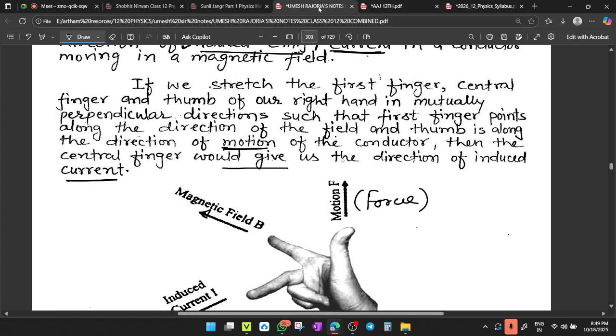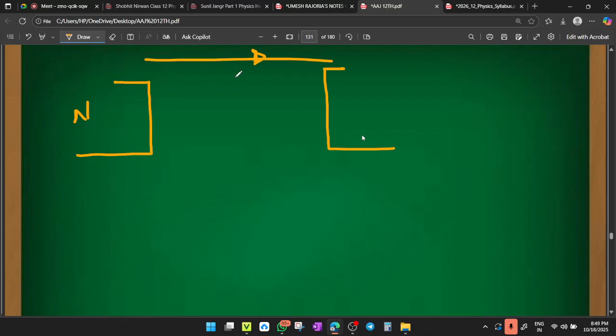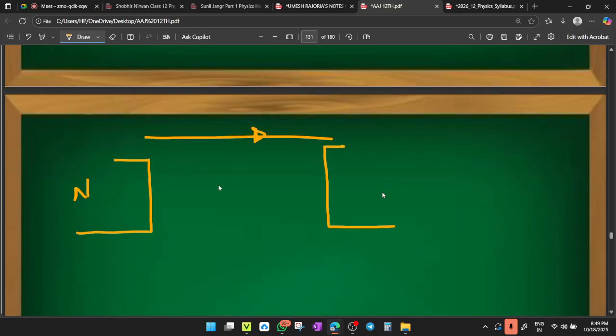Yes, see here by practical demonstration. Like there is a magnetic field. This is a north magnet and this is a south magnet. So imagine an invisible magnetic field here. See the direction also: this is a magnetic field B from left to right.